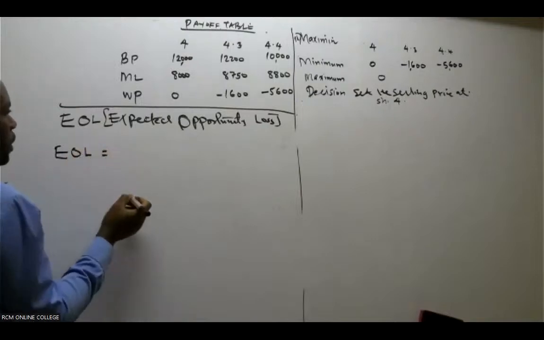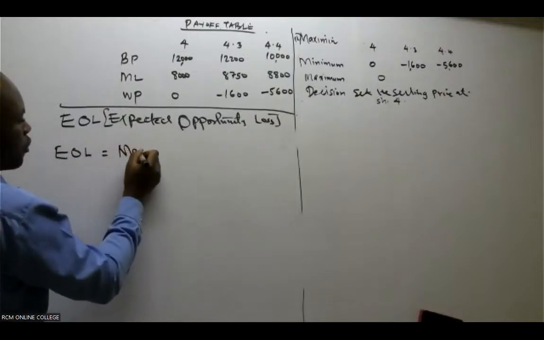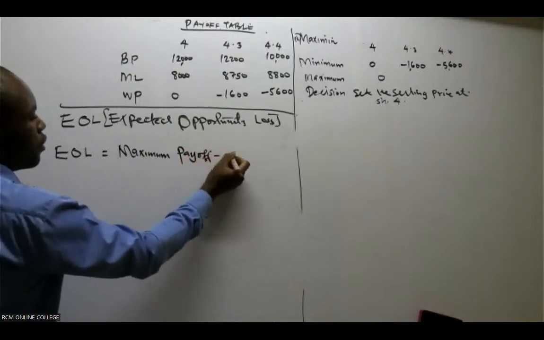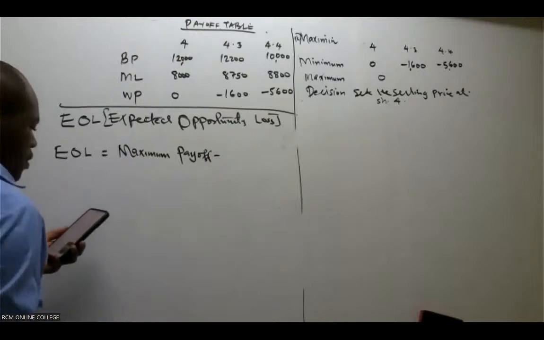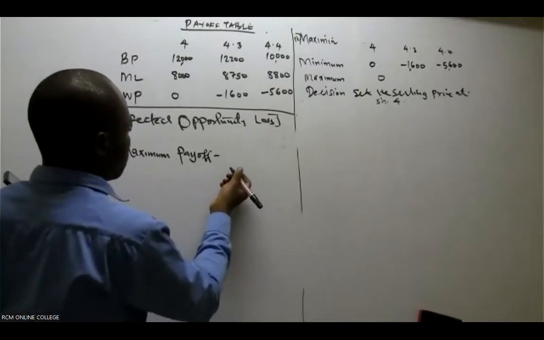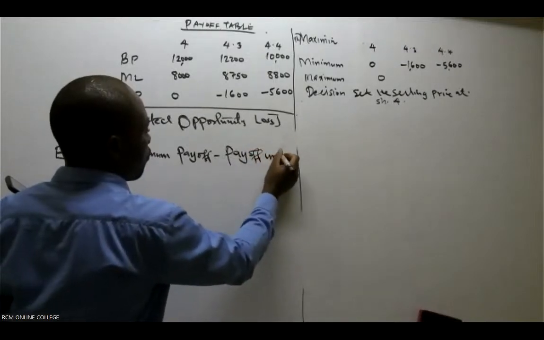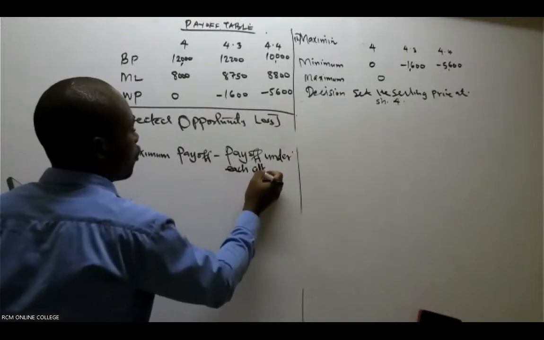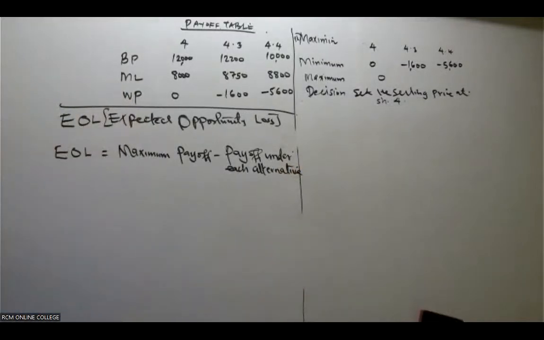Expected opportunity loss is equal to maximum payoff minus payoff under each alternative.